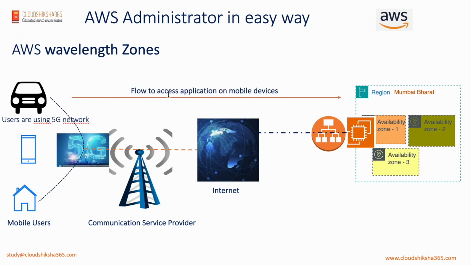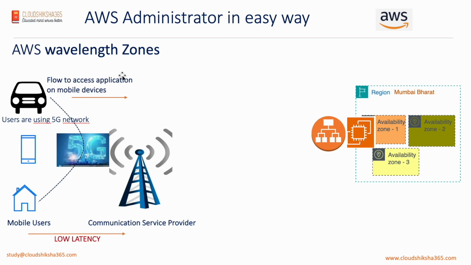Your mobile connects using 5G to the tower of the CSP, then it is further connected to the internet, and then it takes your request to the data center. Here what we notice is high latency, because it has to go through many networks. Then it finally reaches the destination and the response comes back to your mobile device to display what you have requested. To avoid this high latency and this long flow, we can minimize it.